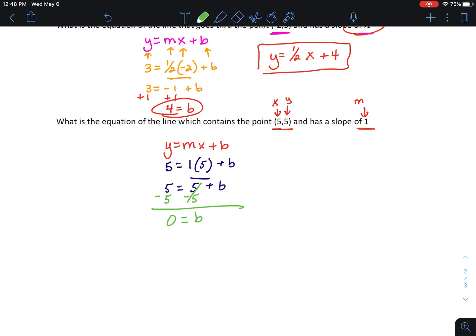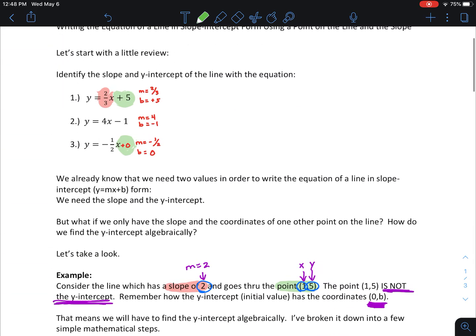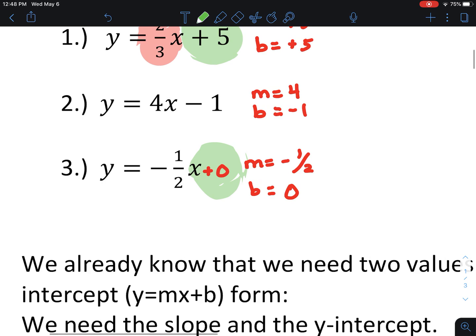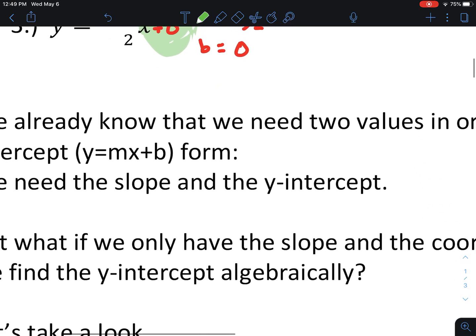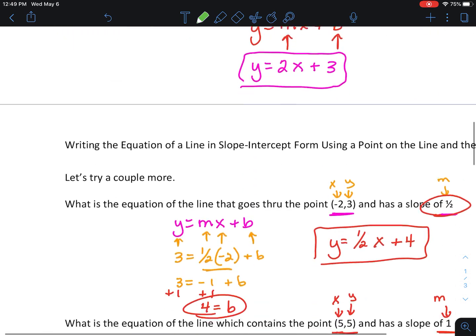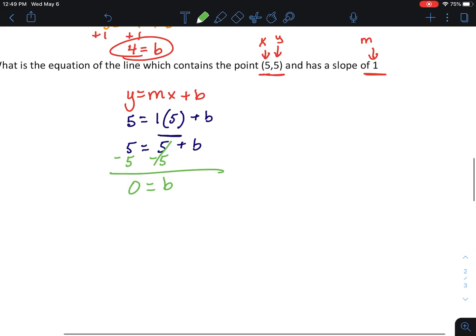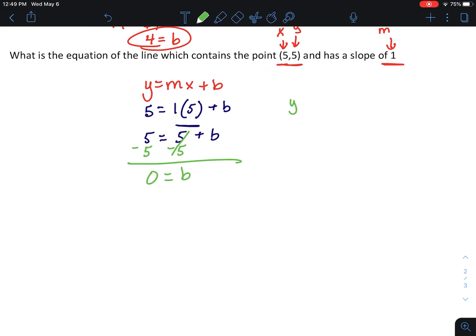Do you remember our conversation from up above here with this number 3? Do you remember what happened when b was equal to 0? We had nothing written after the mx, okay? So let's go down and let's write our final equation. Remember, it's y is equal to mx plus b.